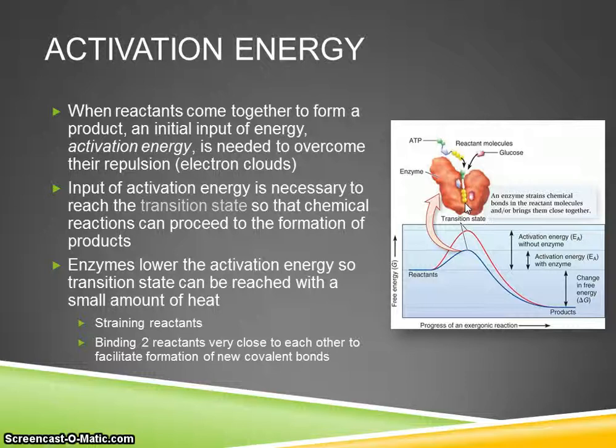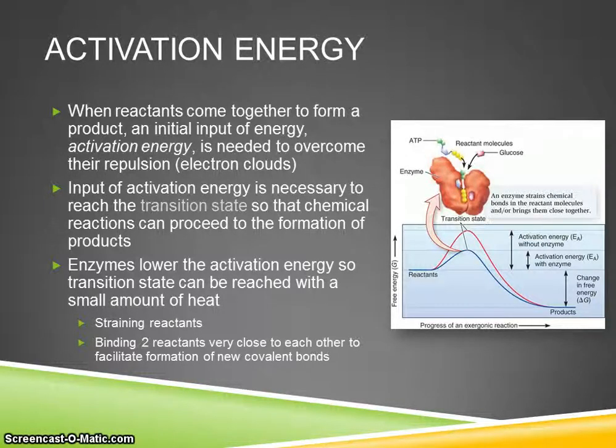So the input of activation energy is necessary to reach the transition state so that chemical reactions can proceed to the formation of products. So in the diagram over here, we can see that the transition state is the peak, and the transition state is the state at which the original reactants' bonds have been stretched to their limit.